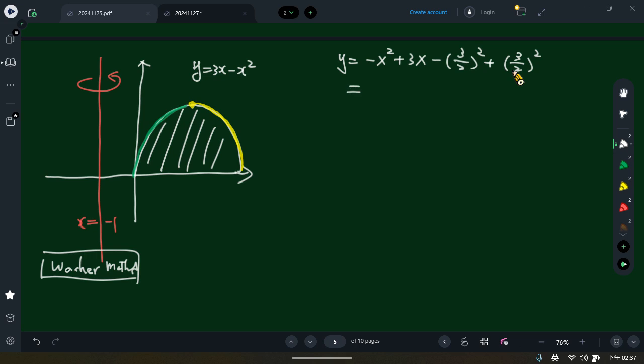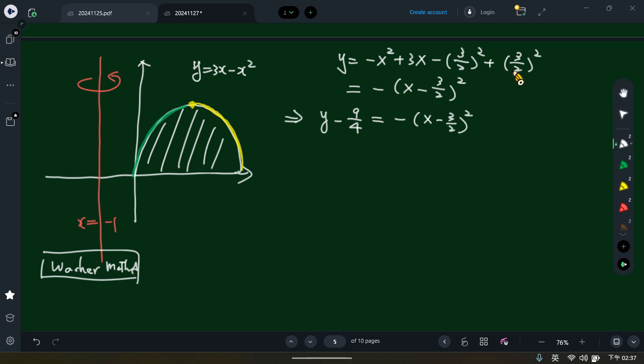But this can make us have negative (x minus 3 over 2) squared, so that we can have y minus 9 over 4 is equal to negative this one, right?